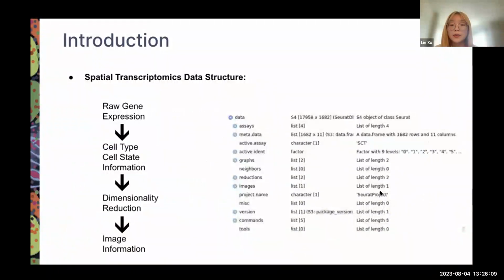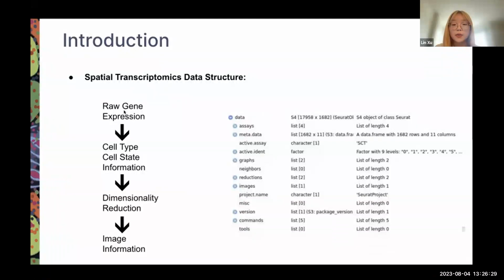So in summary, we will have all the essential input from the previous step. They will be stored in different components of the Seurat object, and those components will form the foundation for our spatial transcriptomic data structure and play a crucial role in the cell deconvolution.